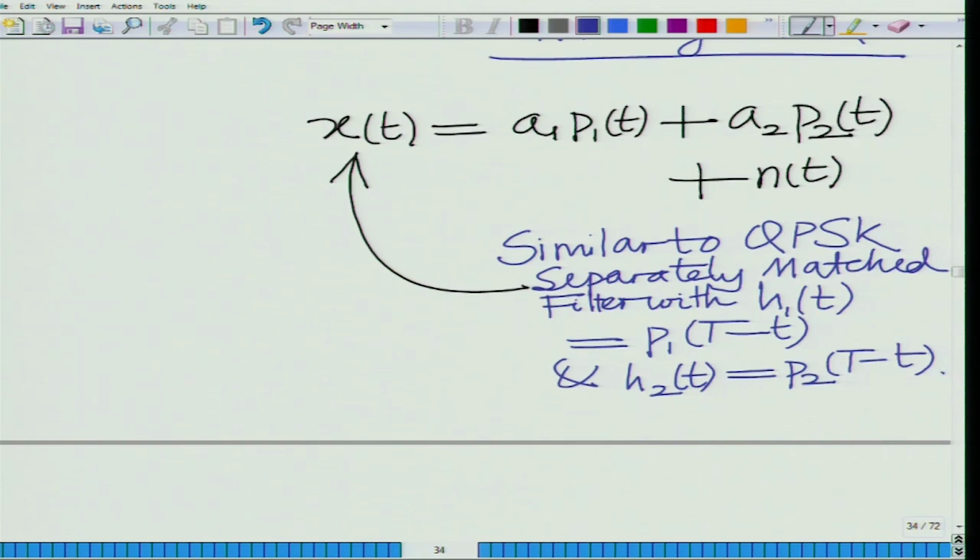So, you separately detect A1 and A2. At the receiver, of course, we are using the match filter to process the received signal, but we have to remember there are two independently modulated signals, that is A1 on the in-phase pulse, A2 on the quadrature.